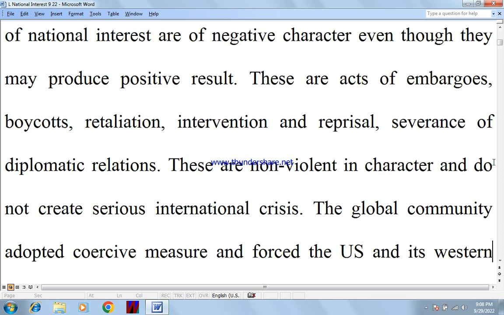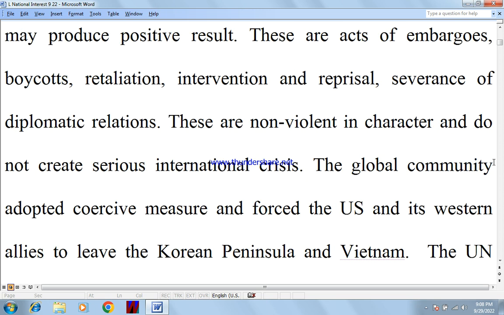These acts are embargoes, boycotts, retaliation, intervention, reprisal, and severance of diplomatic relations. These are non-violent in character and do not create serious international crisis or problems. The global community adopted coercive measures and forced the United States and its Western allies to leave the Korean Peninsula and Vietnam.